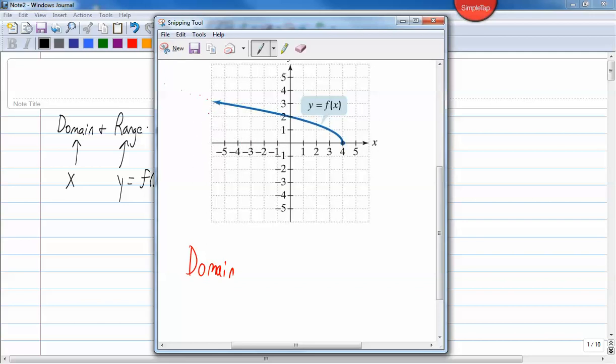So our domain is going to start off with parentheses negative infinity. And then you could trace up to the graph with all of these points here, until you get to x equals 4. Then the graph stops and there's a shaded in circle. So that means 4 with a bracket.